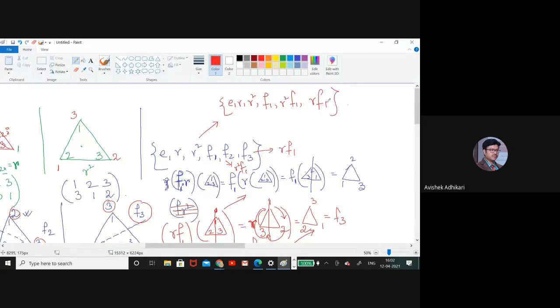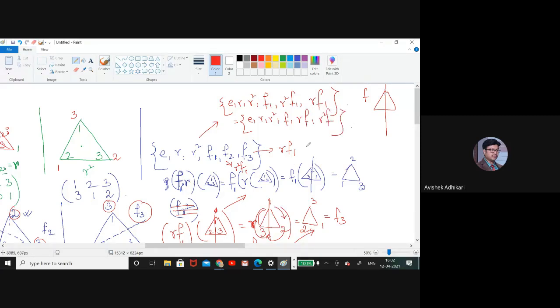Now if I just omit this F1 and write it as F, where F means the flip against this line, then how can you write it? Like E, R, R square, F. I just write it first RF and then R square F.